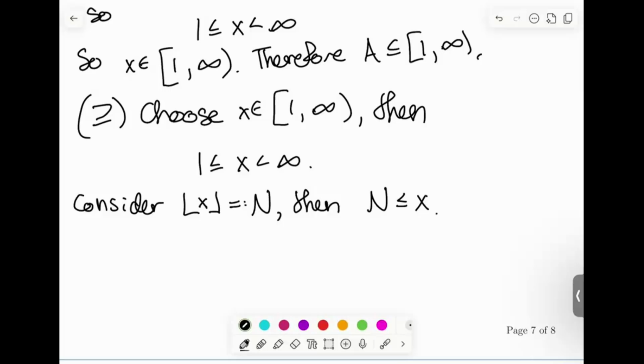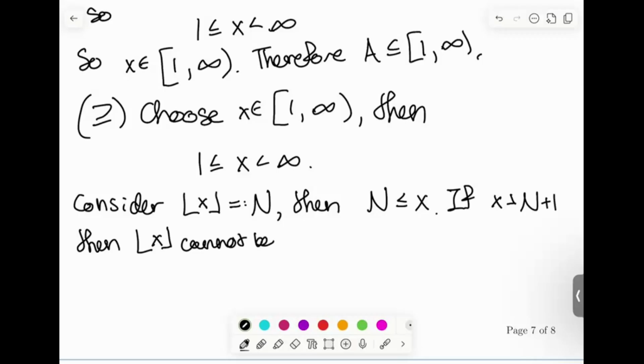If x is greater than N plus 1, then the floor of x cannot be less than N plus 1.